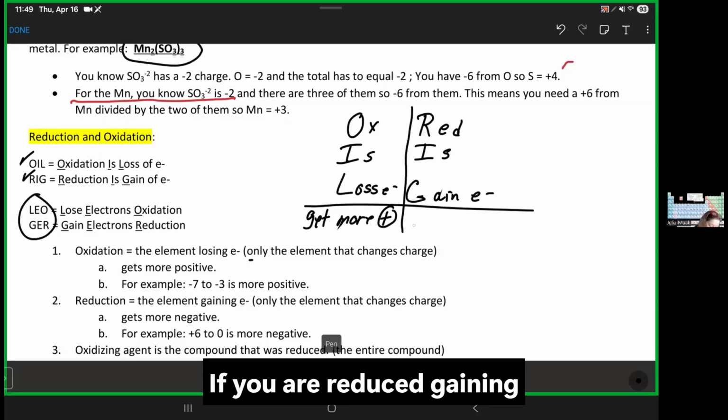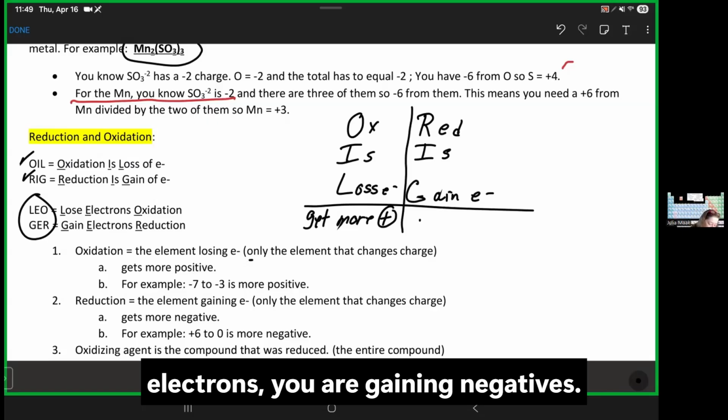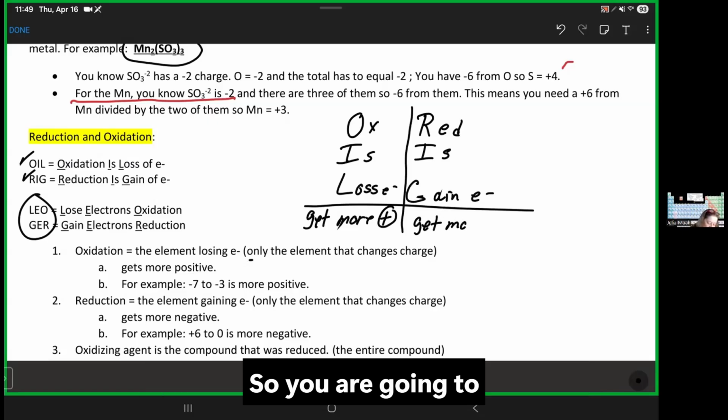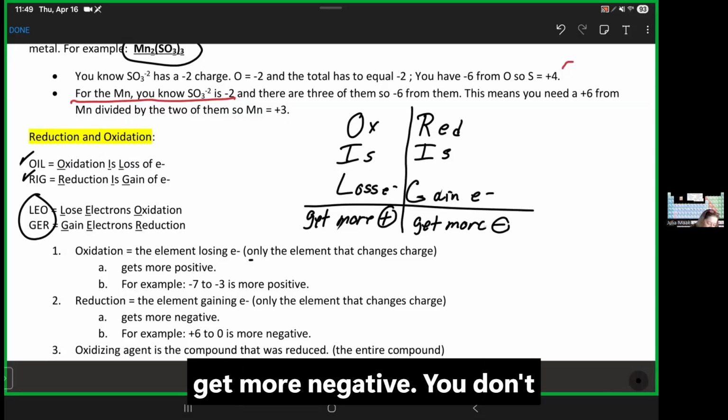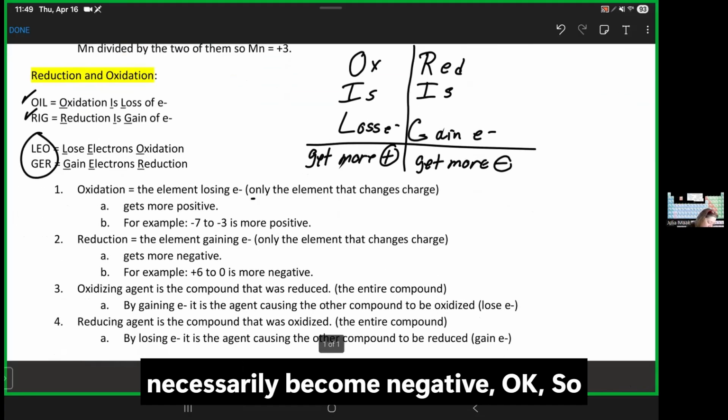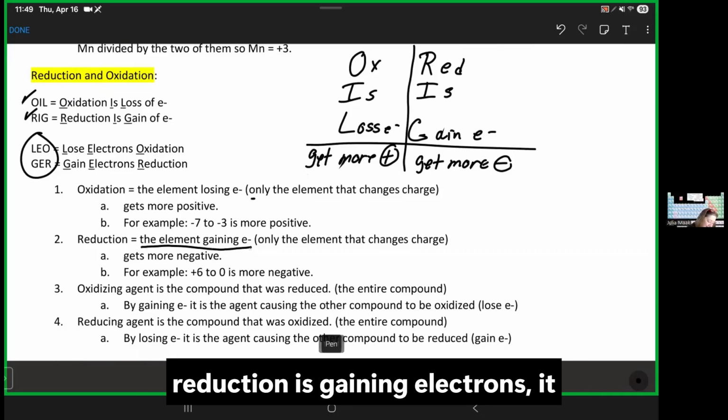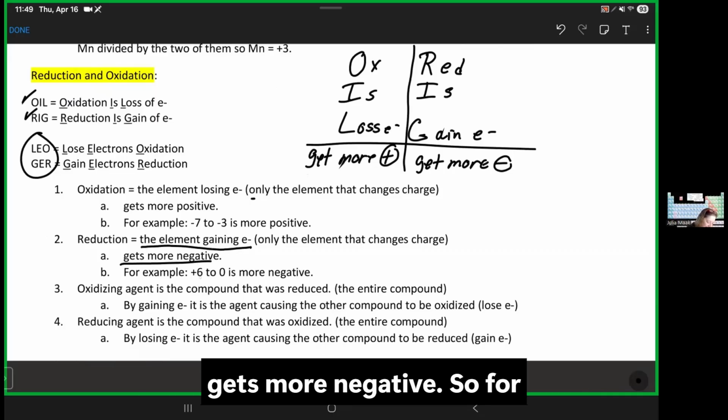If you are reduced, gaining electrons, you are gaining negatives, so you are going to get more negative. You don't necessarily become negative. So reduction, it is gaining electrons, it gets more negative.